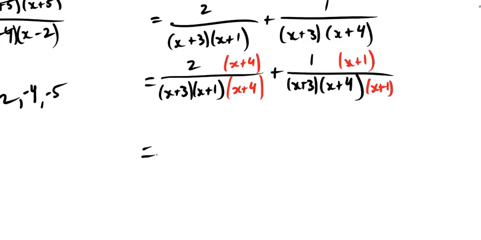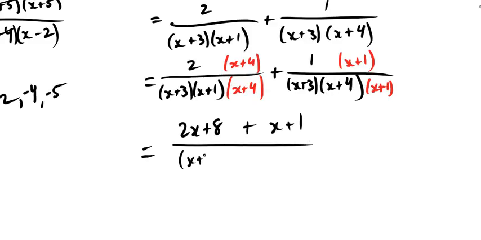And here's where I will expand and then refactor the top and see if I can continue to simplify. 2x plus 8 plus 1 times x plus 1, over x plus 3, x plus 1, x plus 4. I don't expand the bottom. That's not going to do anything for me.